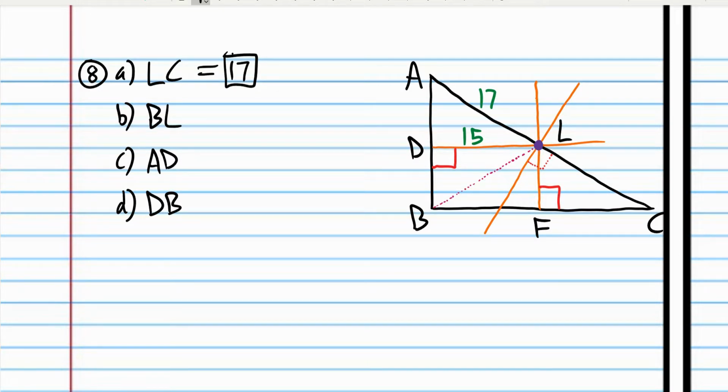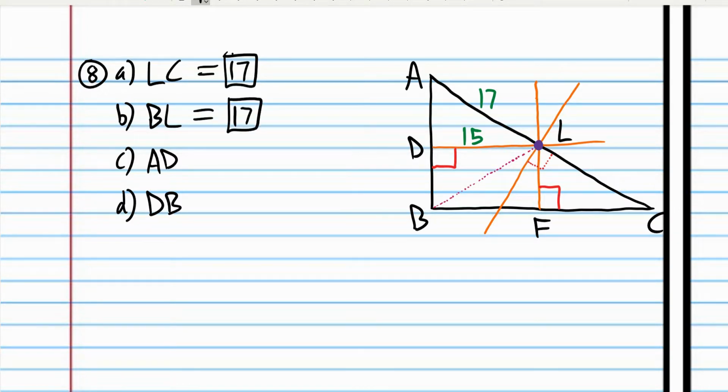BL is the distance from the circumcenter to a vertex, and the Circumcenter Theorem tells us that those distances are all the same. Let me get my highlighter out. This is 17, this is 17, and this is 17. That's just part of the Circumcenter Theorem. So BL is 17.